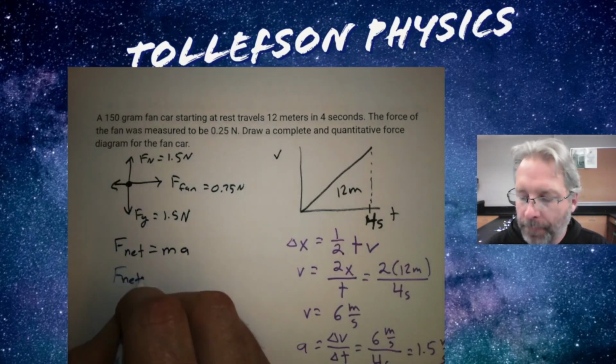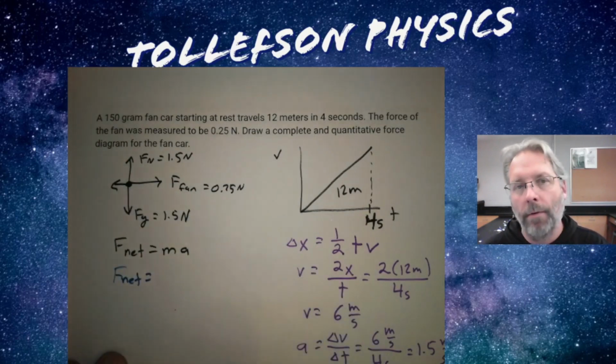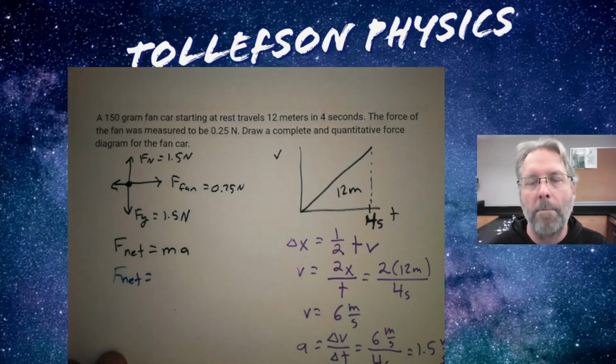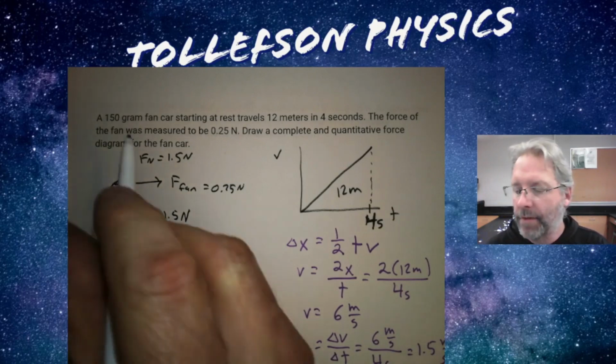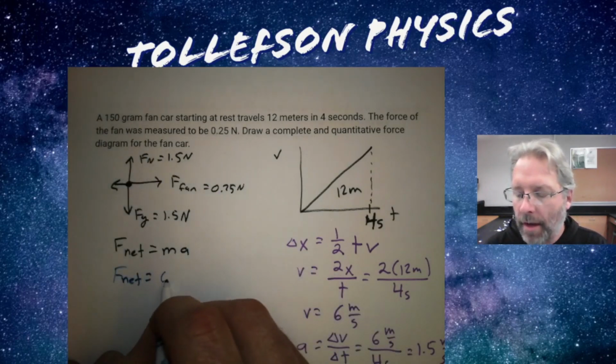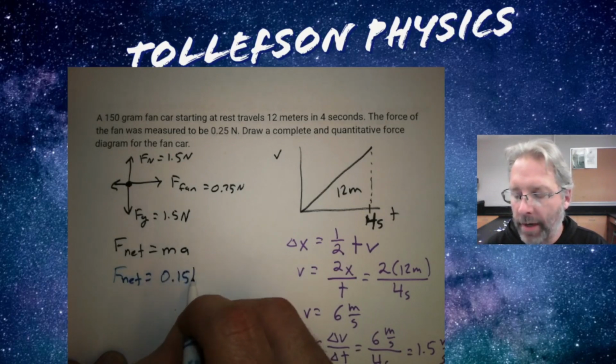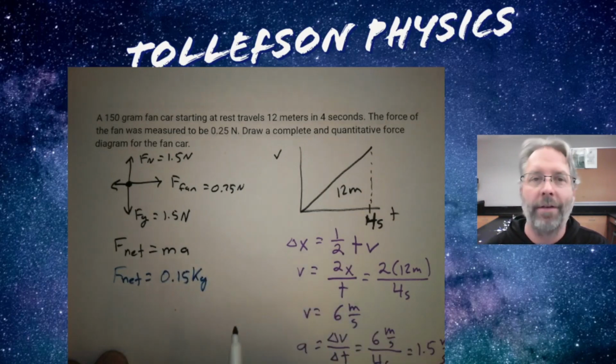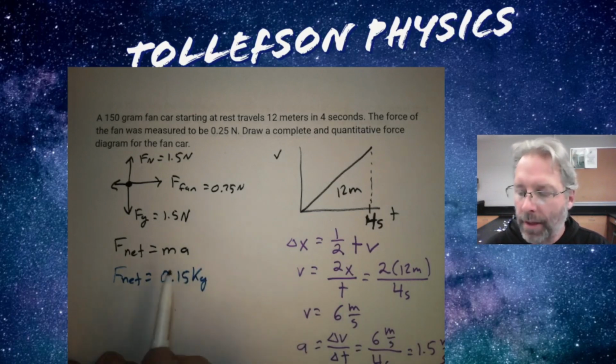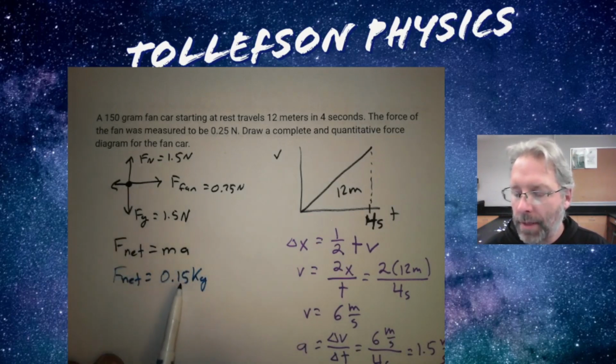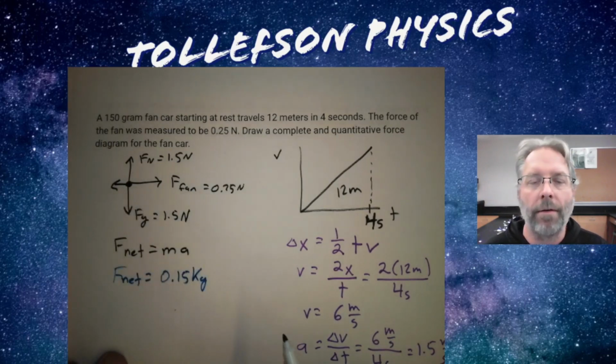So F net equals, now remember that newtons have embedded in them kilograms, meters, and seconds. So I have to change my 150 grams to 0.15 kilograms. Because really, what does this mean? This means 0.15 times 1,000 grams, which gives me back 150 grams.